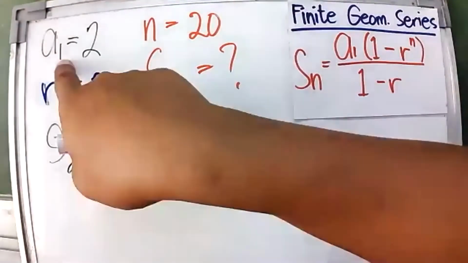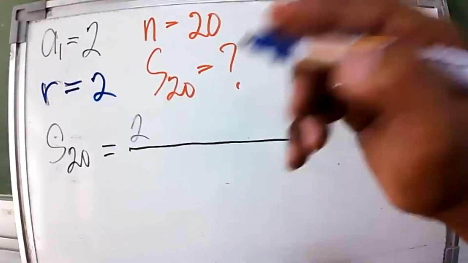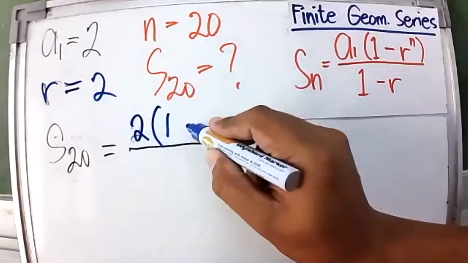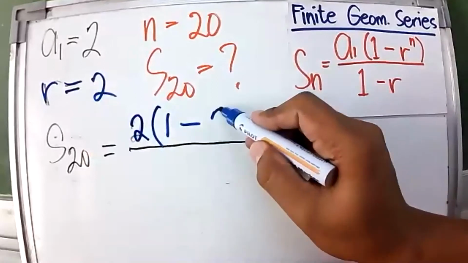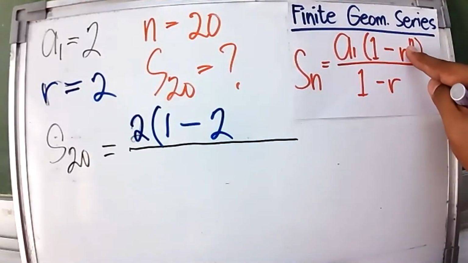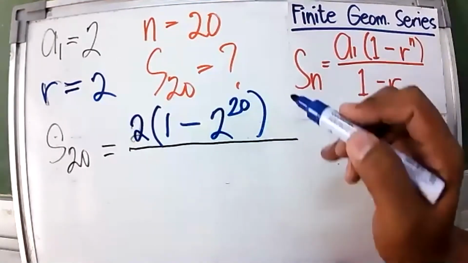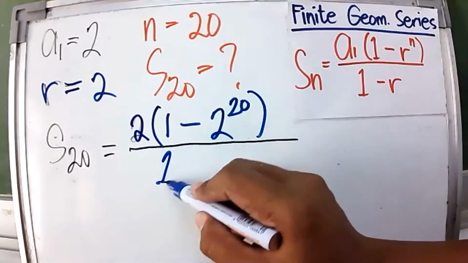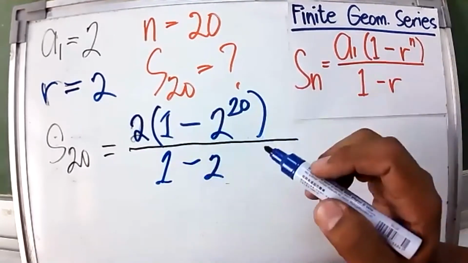Okay, a sub 1 is 2, times 1 minus our r, which is 2, raised to n, and that is 20. Got it? And then down we have 1 minus our r, which is 2.